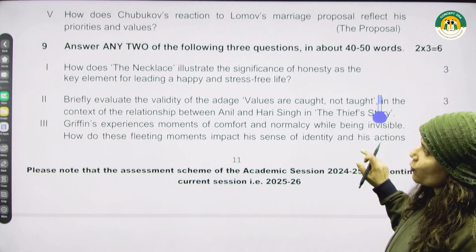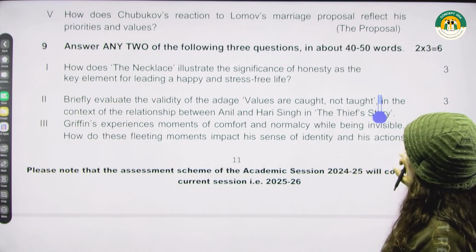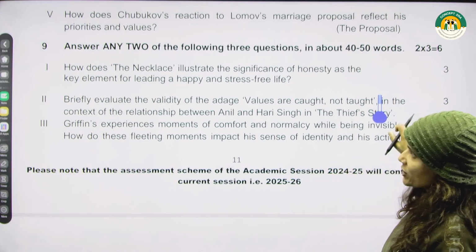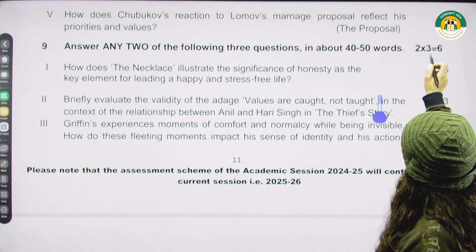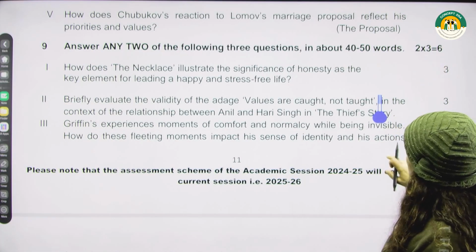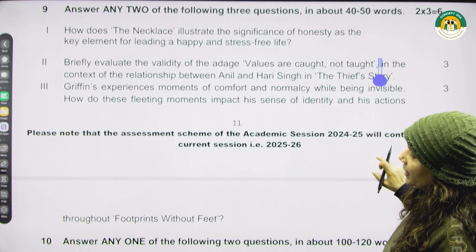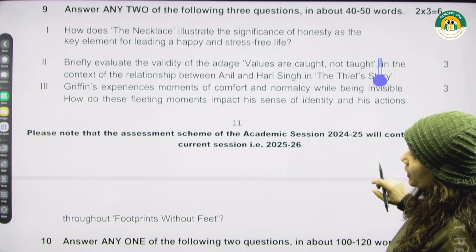Here the number of questions is 3 with an internal choice. Each question carries 3 marks. You can see, so the question carries 6 marks. The child can attempt any 2 questions out of 3.